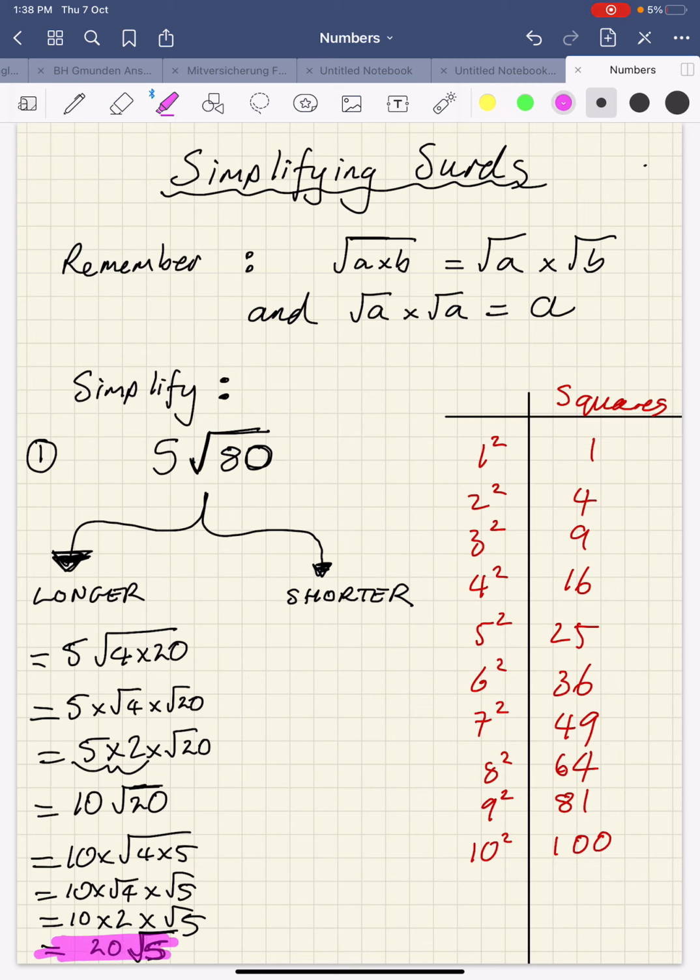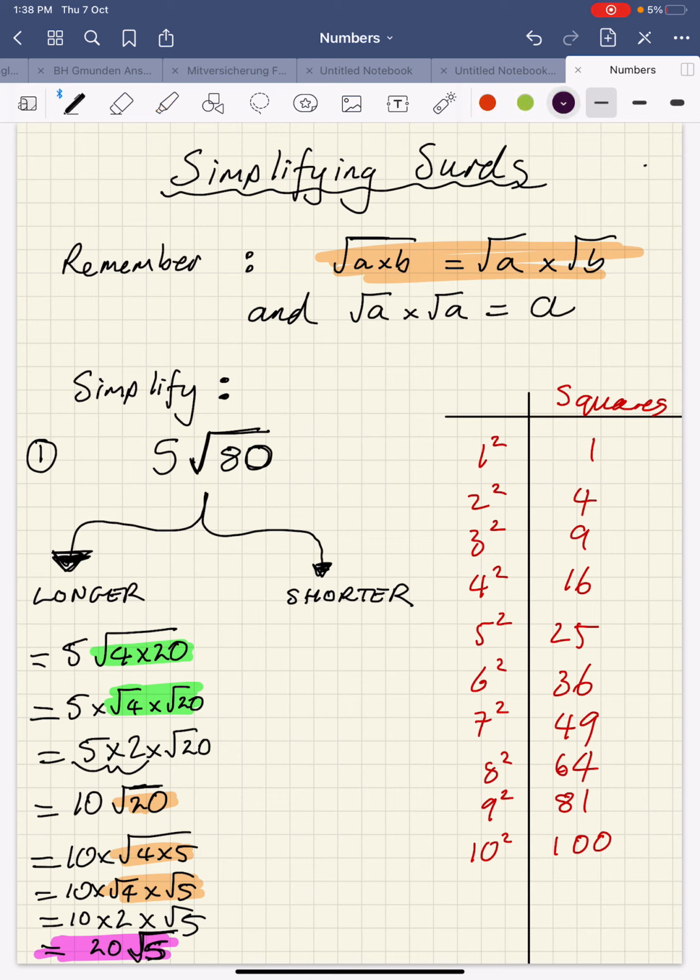So 20 root 5 is the answer. So notice we kind of did the breaking down. We broke down 80 into 4 times 20 to do the rule here. But then we went through that again, didn't we, when we broke down the 20 here into 4 times 5 and split it up here. So we kind of did this rule twice.